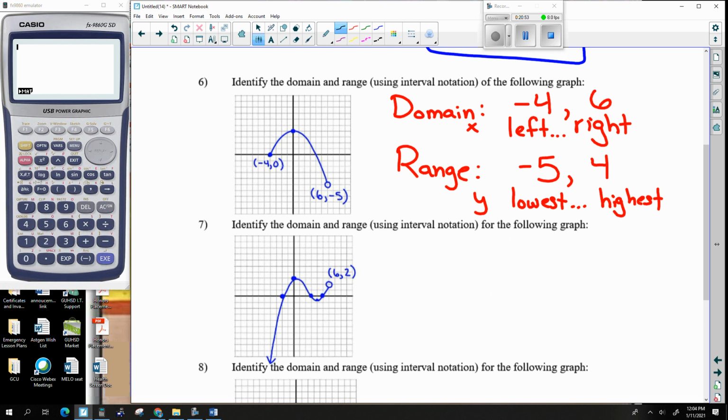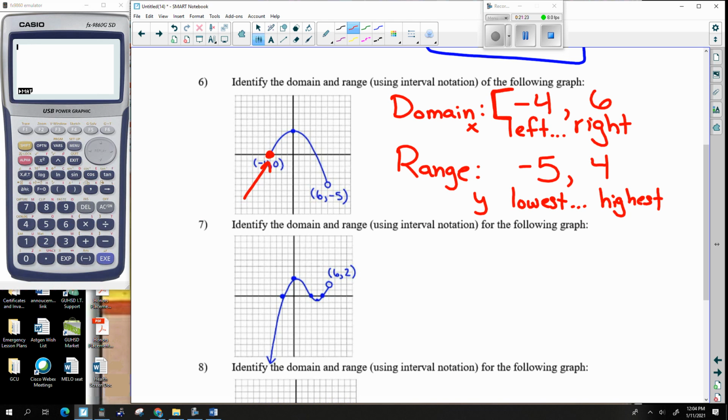Okay, so looking at our domain and range of number 6, look at the domain. Let's take a look at that -4, the leftmost point. Do I actually get to -4? Is there an actual dot at -4? Yes, there is, because look, it's filled in. So that means it actually does hit -4, so it gets a square bracket.